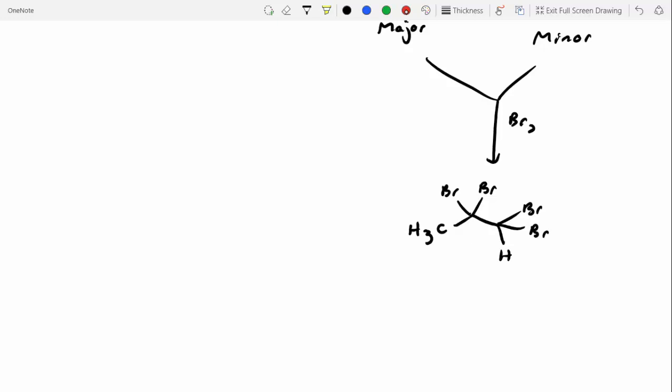Sound good? All right, what was another reaction we used with alkenes that we haven't covered yet? Does anybody have one that they remember from chapter 9? Ozonolysis, right? So now the question is, what happens if we try to do ozonolysis with alkynes?